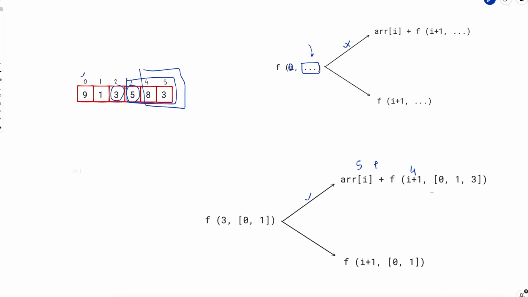So among these two, let's say you have figured out f of 4 comma this, and you have figured out f of 4 comma 0 comma 1 as well. Whichever gives you the maximum value, you can take the maximum across these two. Whichever is the maximum, this will be the answer for f of 3 comma 0 comma 1, right? So hope this part is clear.